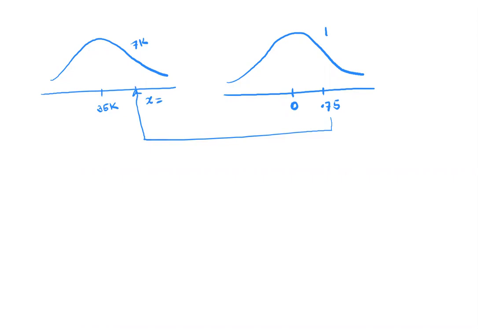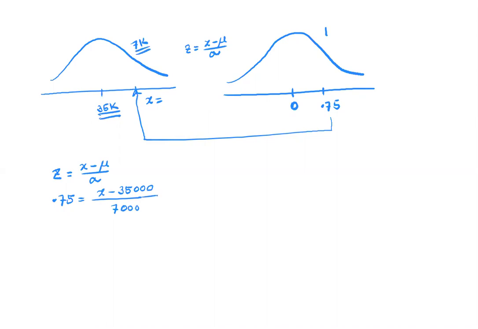Again, we are going to be using the Z formula. Z is equal to (X minus mu) over sigma, but Z is given to be 0.75. Remember, here you are given Z, you are looking for X, unlike the other problems where you were given X and looking for Z. So X minus 35,000, where mu is 35,000, and sigma is 7,000.